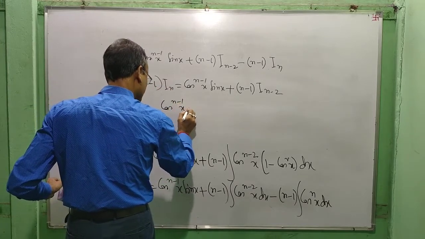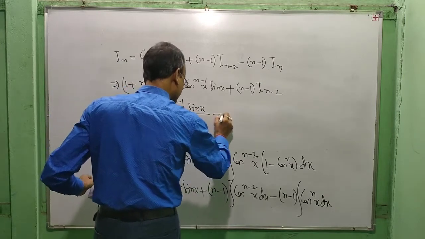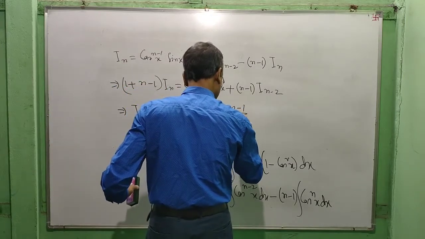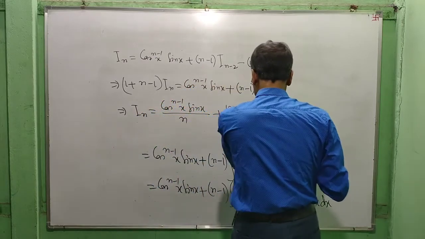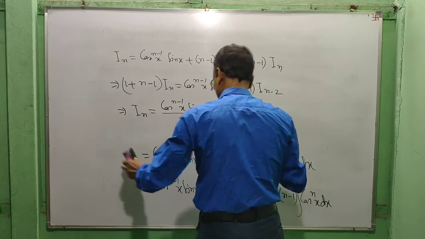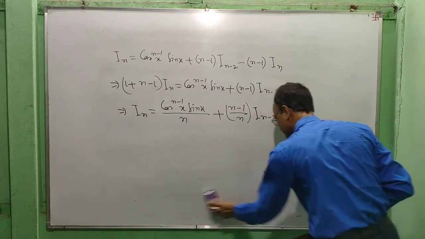cos to the power n minus 1x sin x divided by n plus n minus 1 by n into I n minus 2.